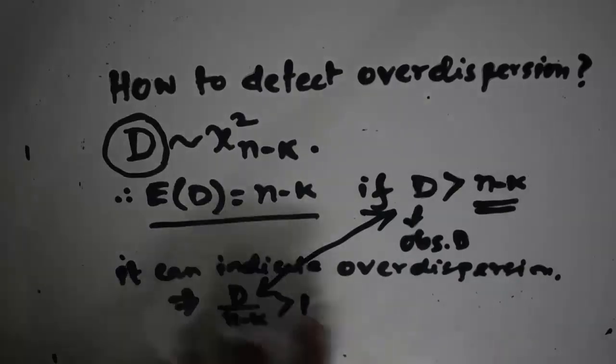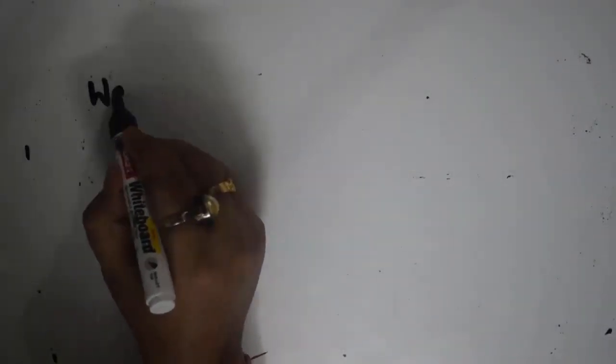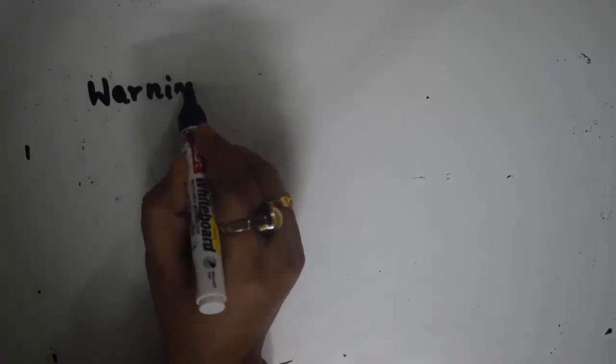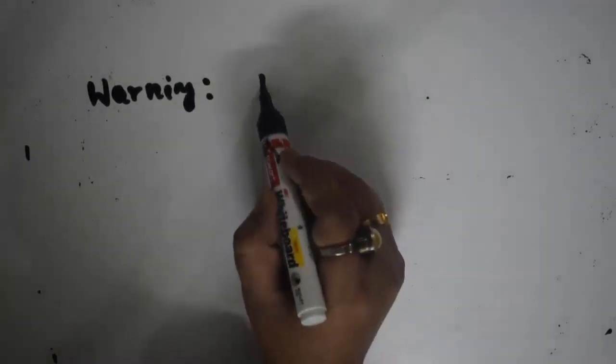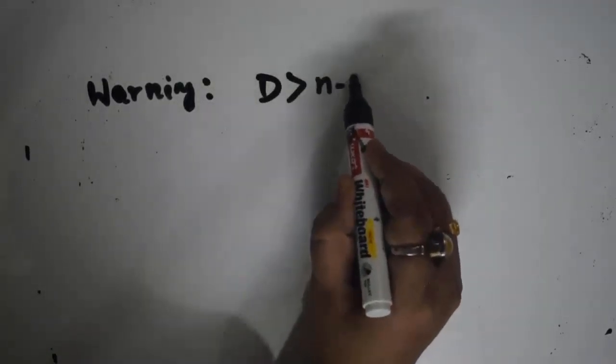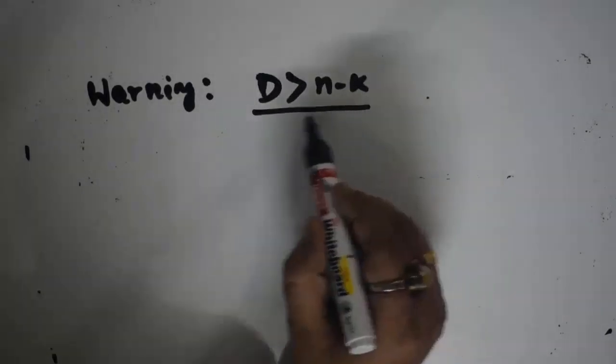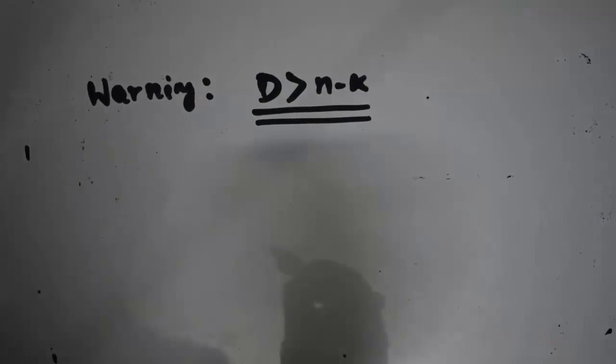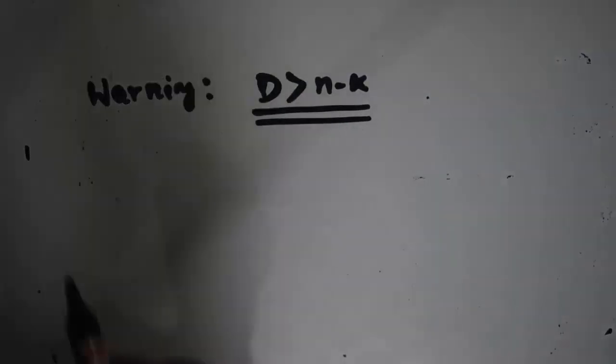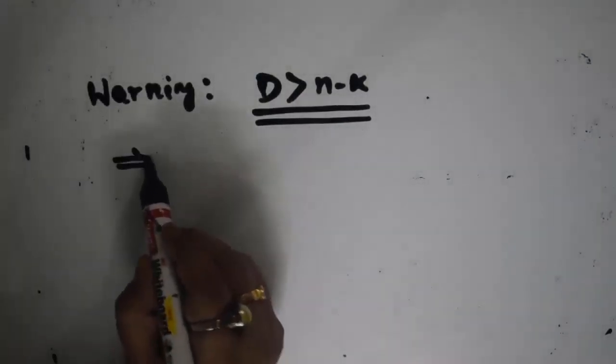But the warning is, suppose you get D greater than n minus k, this can also happen due to some other facts.